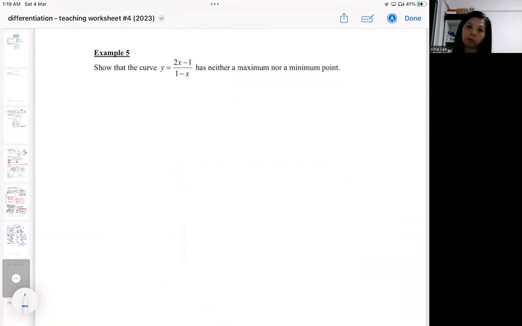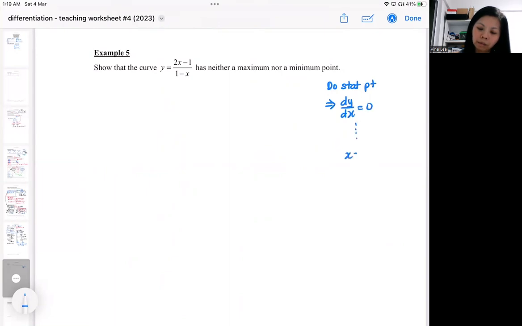So one approach will be, you try to do stationary point. You do a dy dx equals 0, and you end up with no solution.